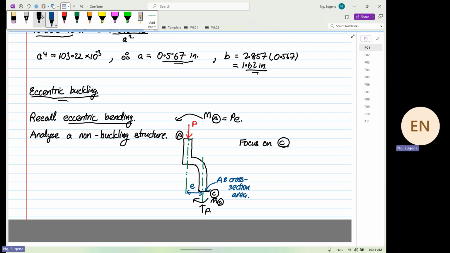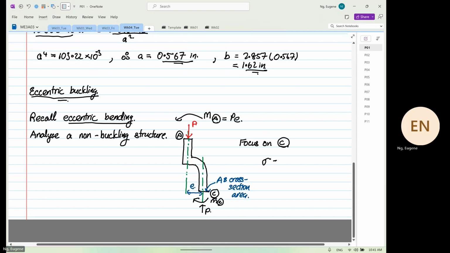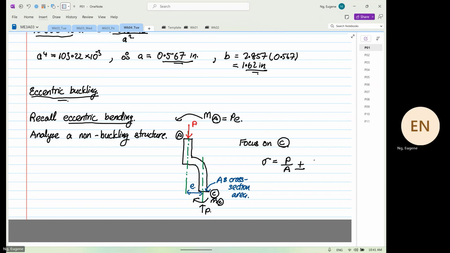So what we see over here is we have a normal stress equal to P over A plus or minus MEY over I. Does this look familiar to you guys now? Yes? Okay. You learn this in 2P.